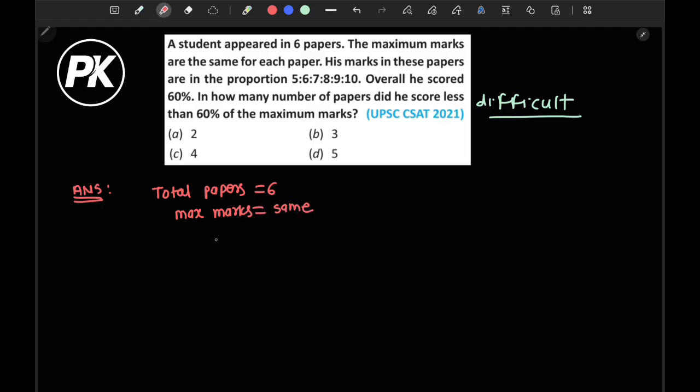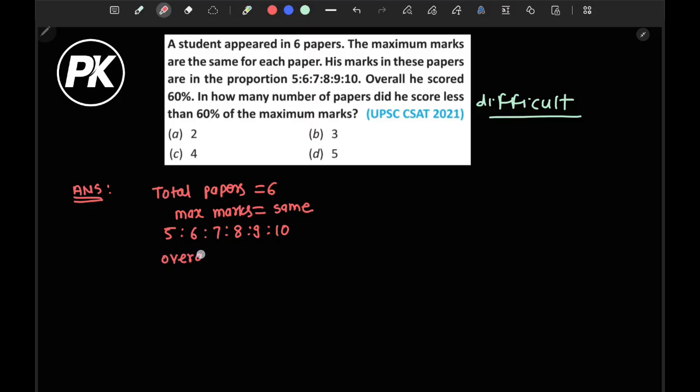His marks in these papers are in proportion. For example, there are paper 1, P1, P2, P3, P4 till 6 papers. So the marks are given in proportion: 5 is to 6 is to 7 is to 8 is to 9 is to 10. So this is given. Overall he scored 60%.